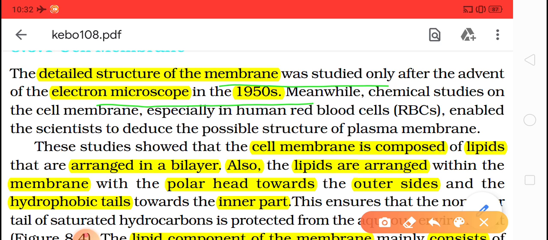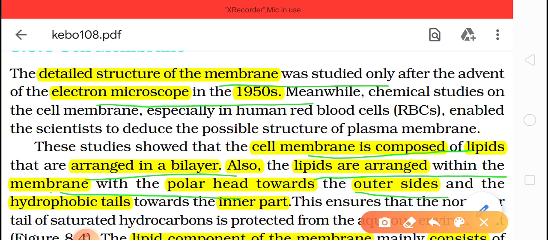Okay, so children, the study of the cell membrane shows that the cell membrane is composed of lipids that are arranged in a bilayer. Basically, two layers of lipids are found in the cell membrane, and the lipids are arranged within the membrane with the polar heads towards the outer side and the hydrophobic tails towards the inner part.